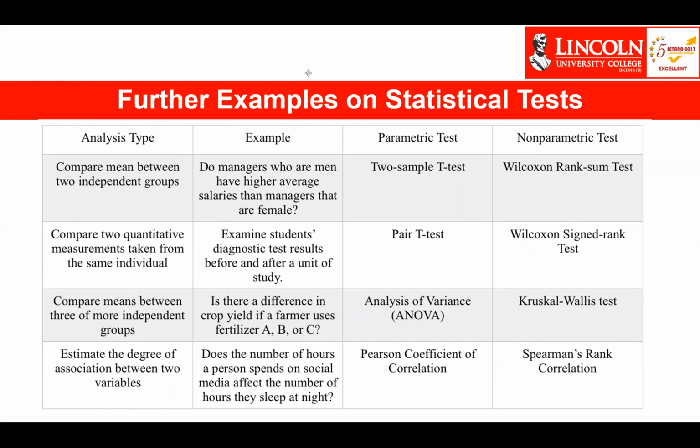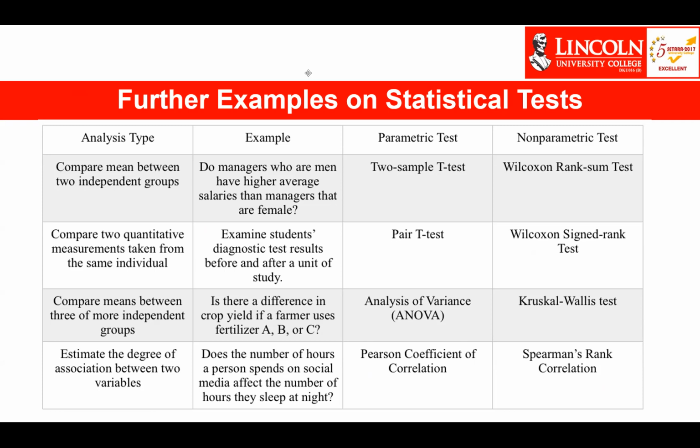In that case, you can perform two-sample t-tests. If your data set violates the assumptions of a parametric test, then you can use Wilcoxon rank sum test. That's an example of a non-parametric test.